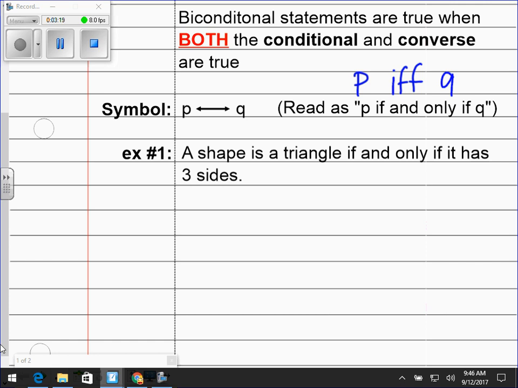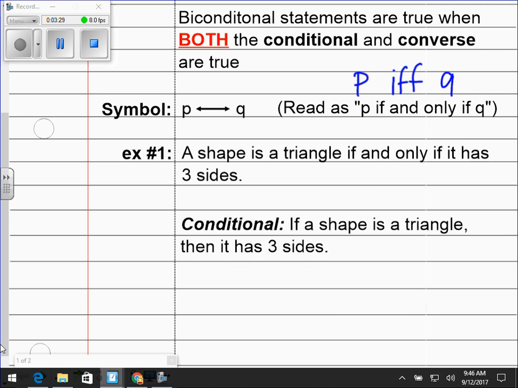And this one has the if and only if written in the middle. From the biconditional, I should be able to pull out the conditional statement that says if a shape is a triangle, then it has 3 sides. And this is how we came up with the conditional.